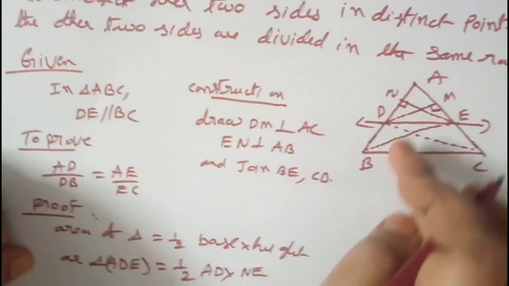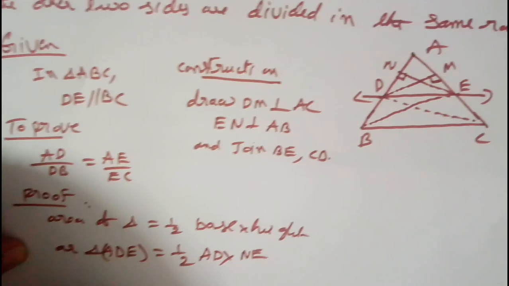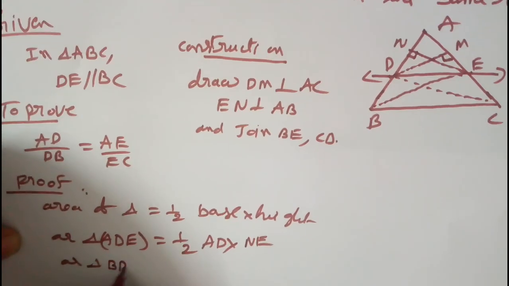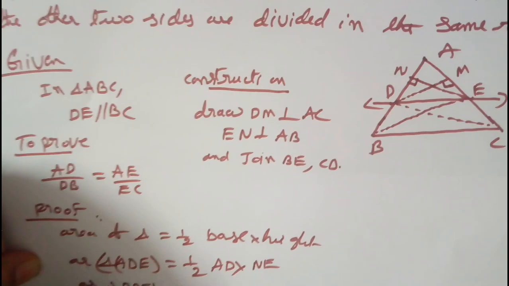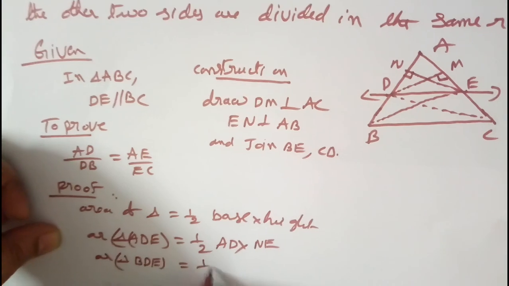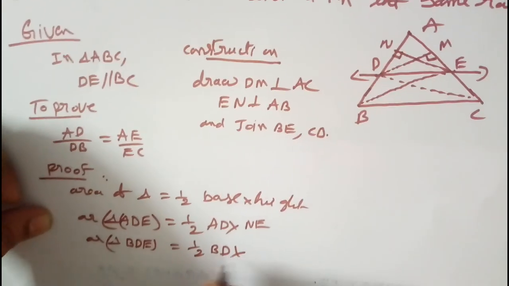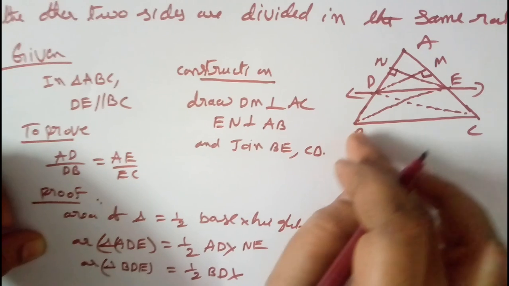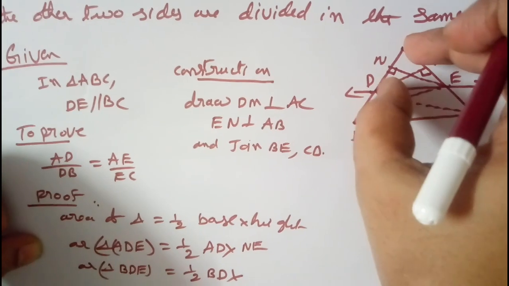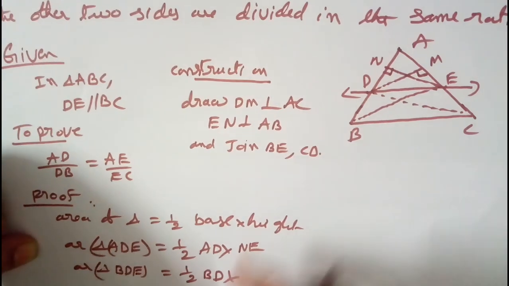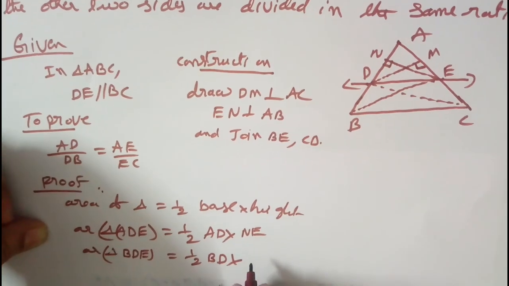Now what is the area of triangle BDE? If you take BD as the base, half BD, this EN is perpendicular to AB, then for this side AD is the EN perpendicular, for this DB also EN is the perpendicular. So what is the perpendicular?